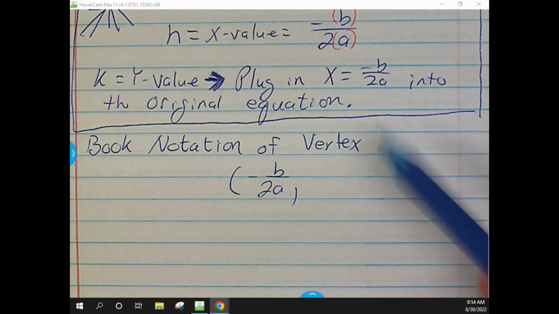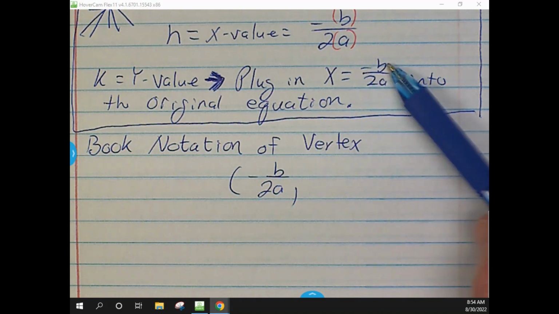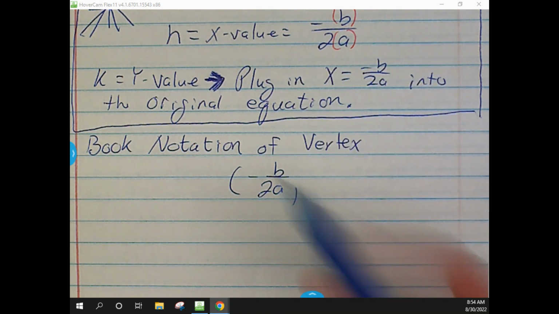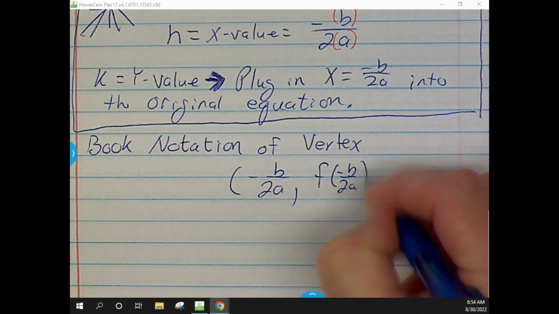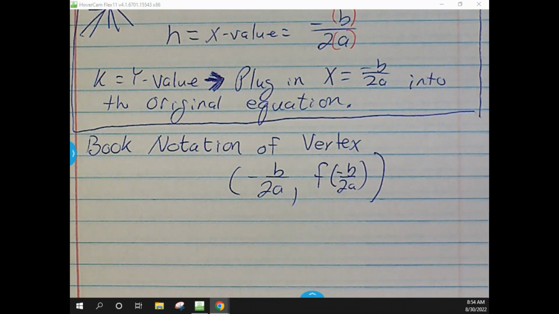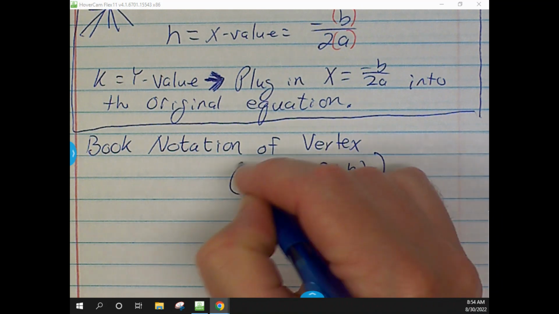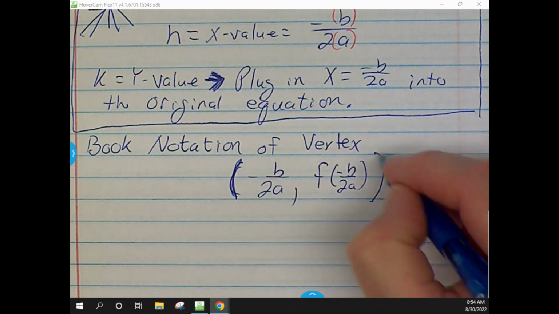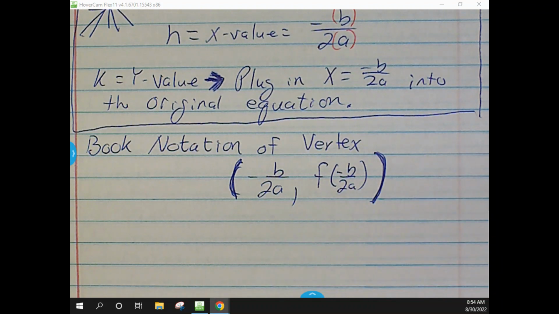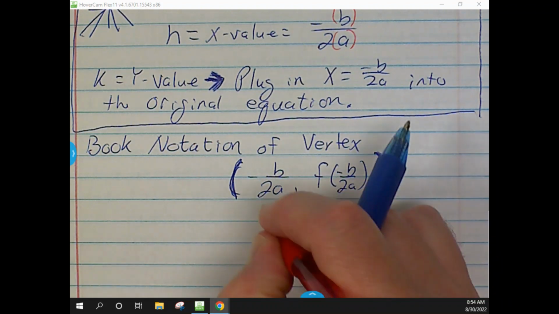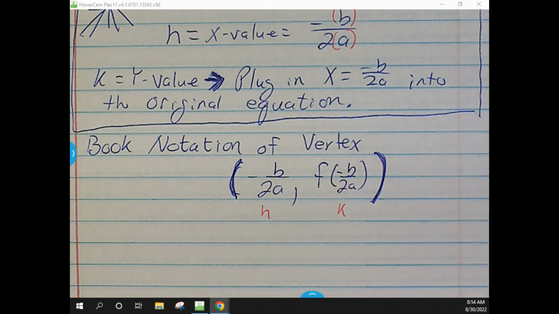But instead of showing how they're taking this negative b over 2a and plugging it back in, they're going to put f of negative b over 2a. So that's going to be our ordered pair that looks something like that. That's going to be our h value, and that's going to be our k value.